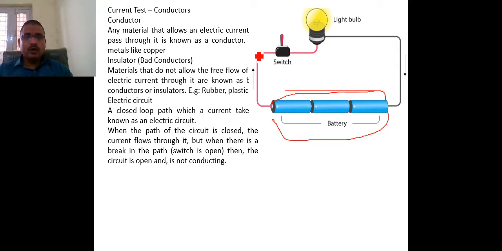To understand whether the given materials are conductors or not, we attach them in this sequence. There is a positive terminal, and on the other face of the battery there is the negative terminal. This position is the negative terminal, and this position is the positive terminal.